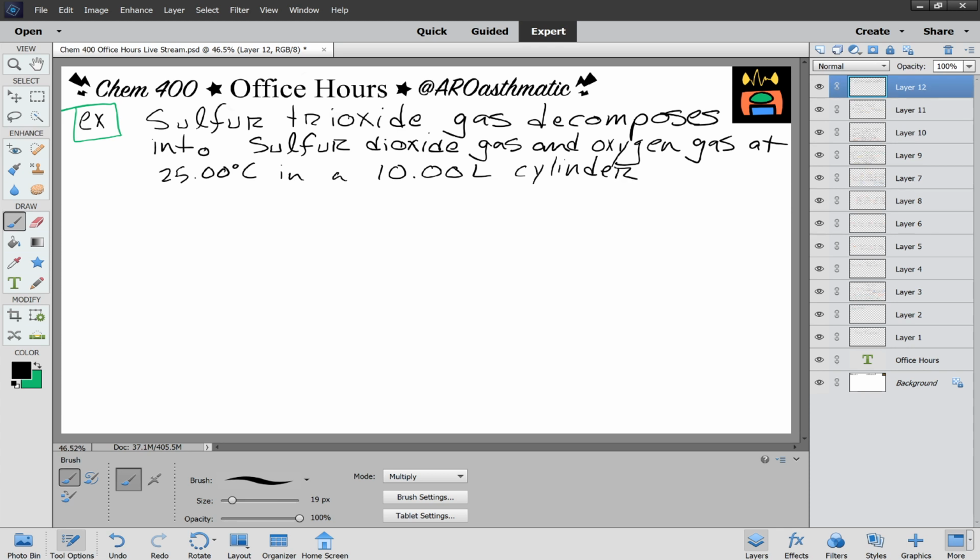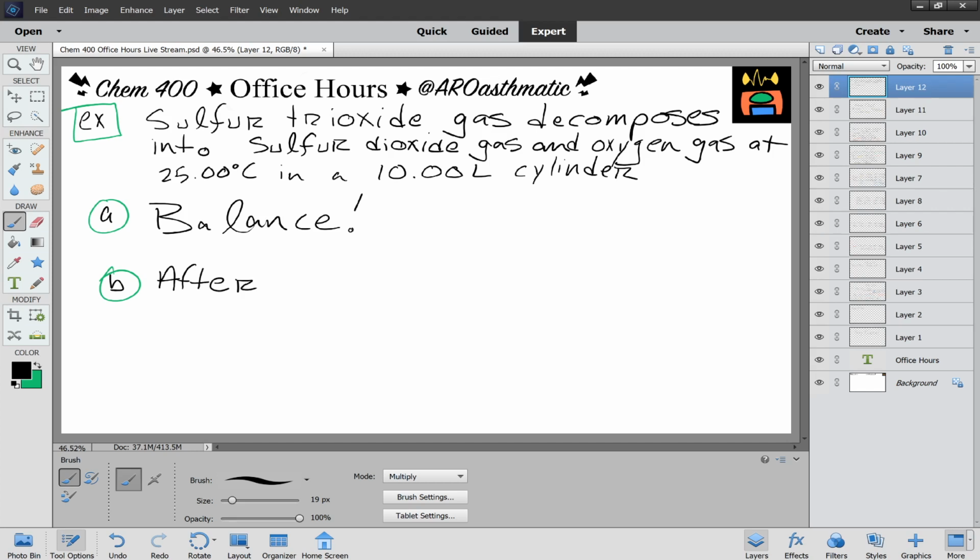Let's see, how many parts did I put in this problem? Just 2. Okay, part A is write a balanced chemical equation for this reaction. Part B goes like this.